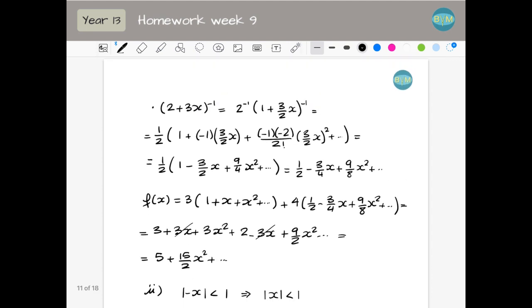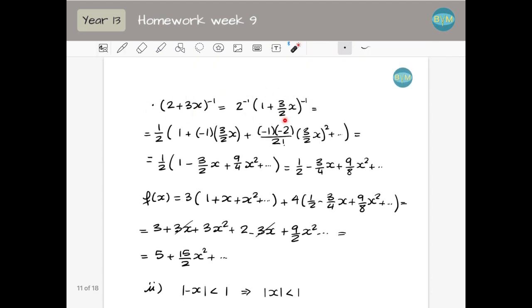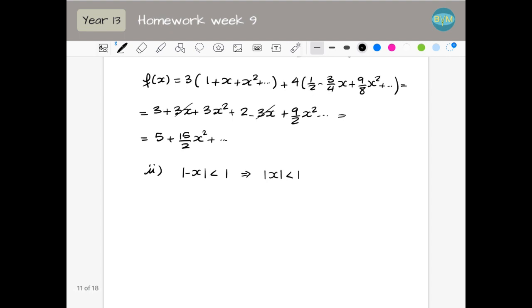And the other one is valid when this bit here is smaller than 1. So 3/2 of x is smaller than 1, which means the absolute value of x is smaller than 2/3.